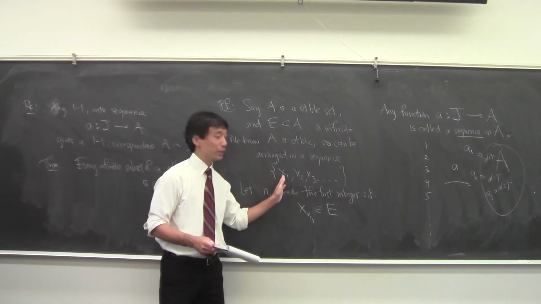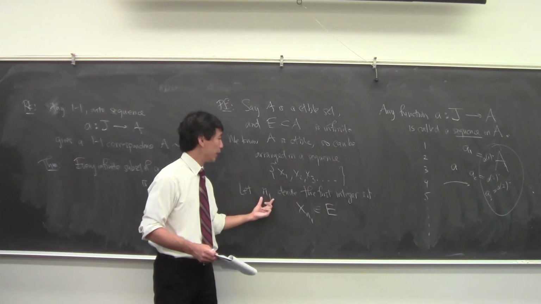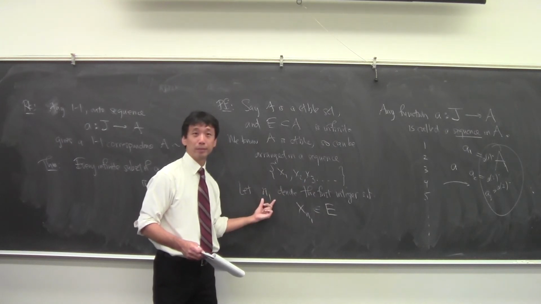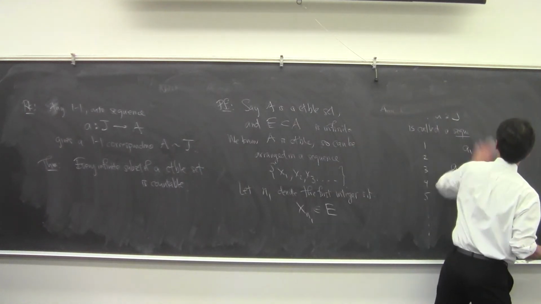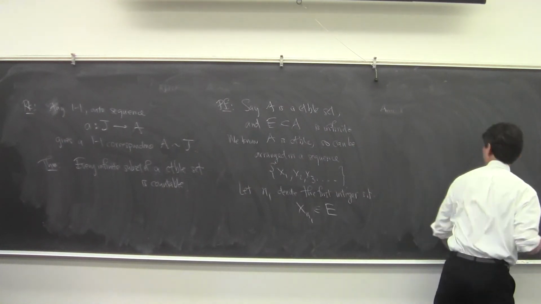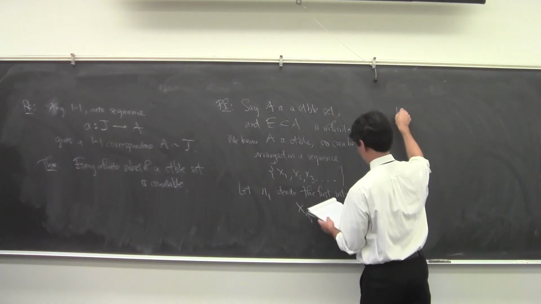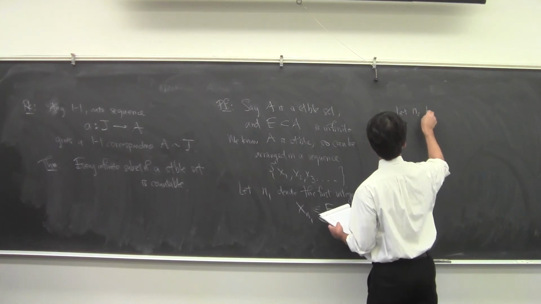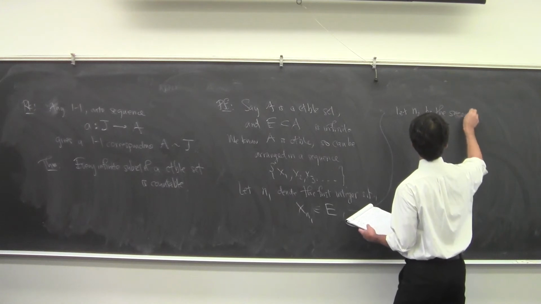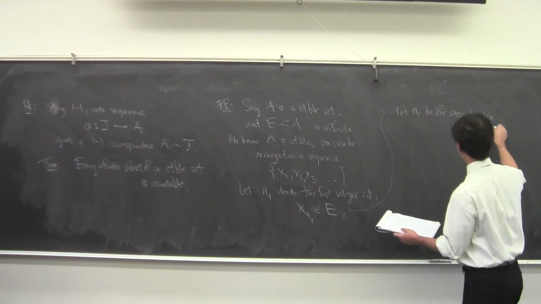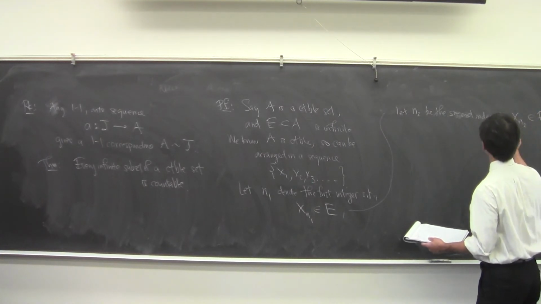So you just go down the list and you say, okay, this guy is in E. Well, let's call its index n sub 1. Let n sub 2 be the second index such that x of n sub 2 is in E, and so on and so forth.